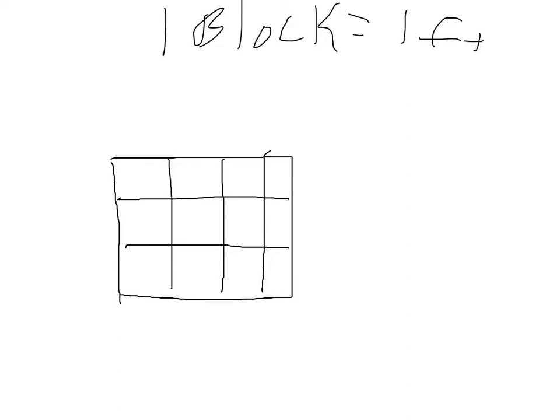Here's 1, 2, 3, 4. So we have 4 across, and 1, 2, 3 down. So there's 4 on that one. There's 1, 2, 3, 4 here, and 1, 2, 3, 4 here. So that's 4 plus 4 is 8, plus 4 is 12.